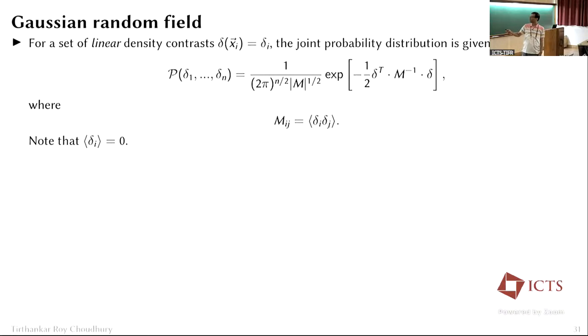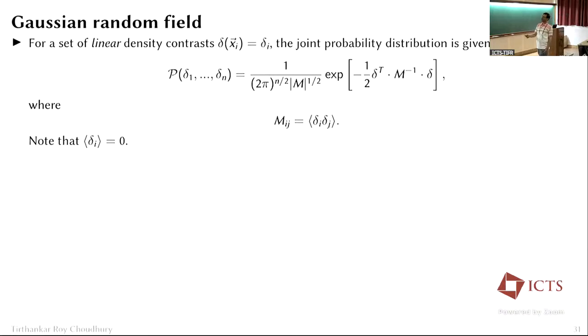So essentially you imagine delta to be a vector, you take its transpose, you dot product with the inverse of the covariance matrix and then with delta. So this will tell you the probability distribution. This is the joint probability distribution of n correlated Gaussian random variables, or a multivariate Gaussian. This is what is called.